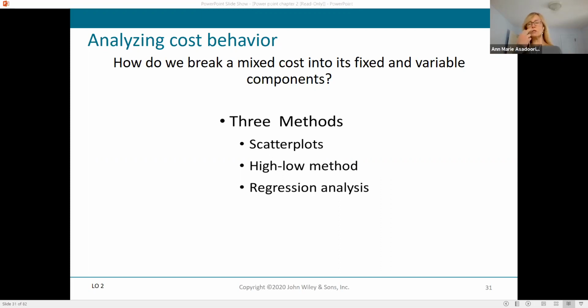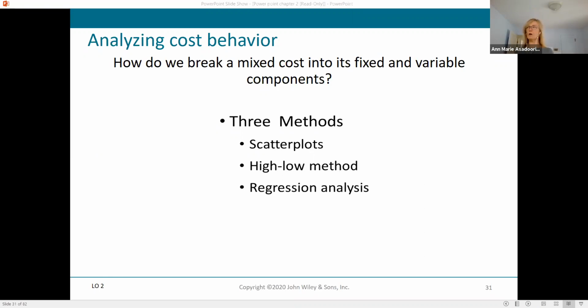Right, so you were introduced to taking our expenses and then determining whether they were variable, fixed, or mixed, right? How to identify them. So a variable cost, remember, per unit is constant, and variable costs in total are going to fluctuate with your activity, right? So we looked at lots of different examples of how to identify that cost.